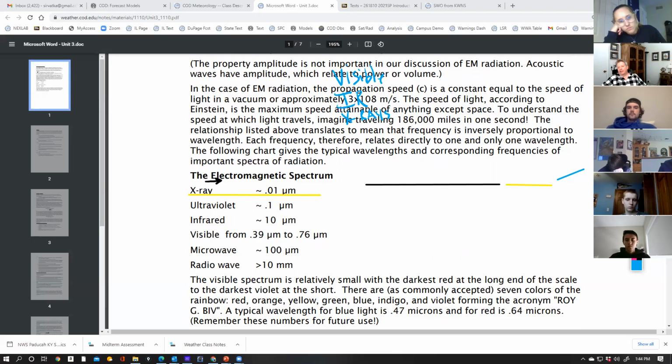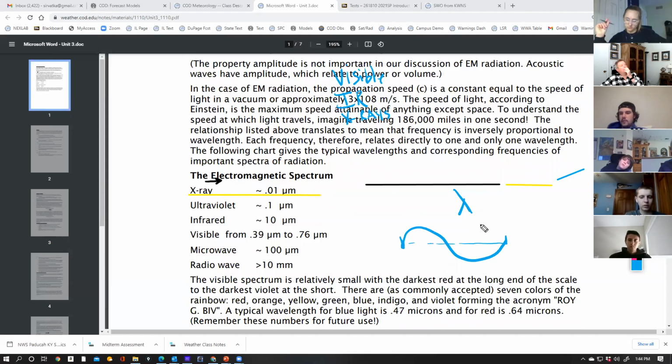So the wavelength, right? When we look at a wave, the wavelength is the length of one complete oscillation or one complete wave. That's the wavelength. By the way, what letter is this?